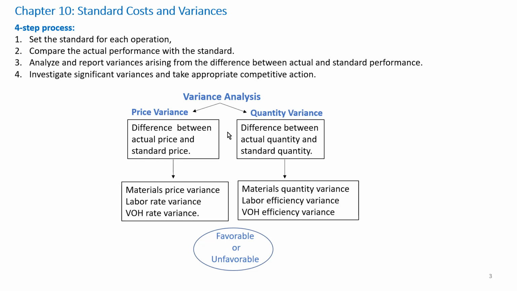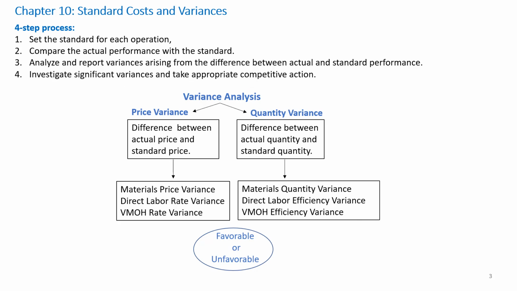First, you set the standard for each operation. Second, you compare the actual performance with the standard. Third, you analyze and report variances arising from the difference between actual and standard performance. And fourth, you investigate significant variances and take appropriate corrective action.